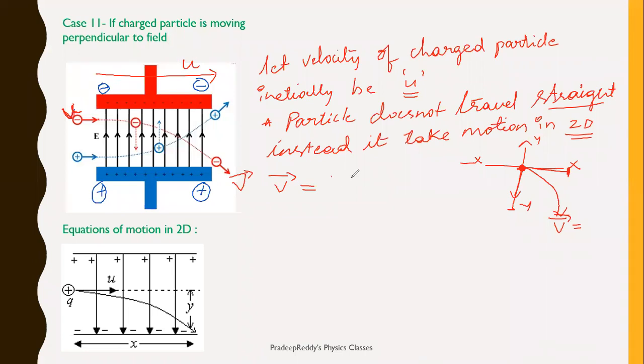So it is u i cap, along the positive x-axis with unit vector i cap, and plus, when it is coming out, the final velocity at this position is vy, in the minus y direction. Therefore it is minus j cap. This is how the velocity can finally be represented.